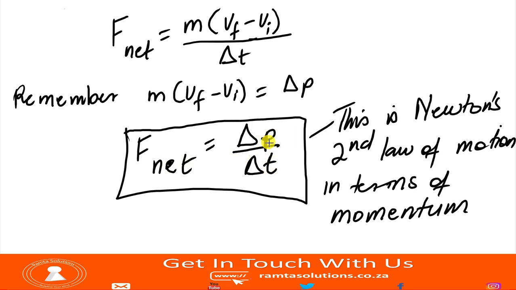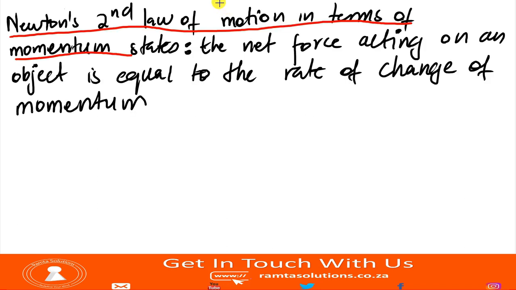When you say the rate of change, it means something is divided by time, right? In other words, it is equal to how momentum changes per time.